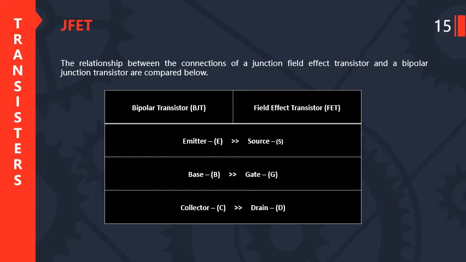But in case of FET, the emitter is called the source, represented by S, the base terminal is called the gate, in short G, and the drain is the collector terminal. So in BJT, emitter, base, collector are the 3 terminals. In field effect transistor, source, gate and drain are the 3 terminals.